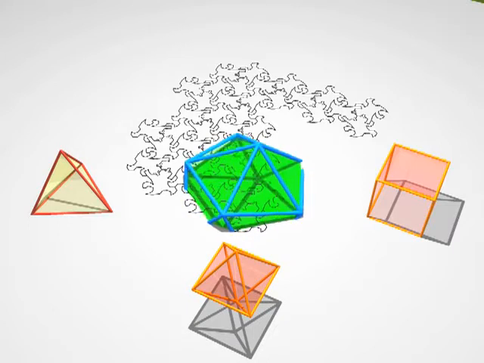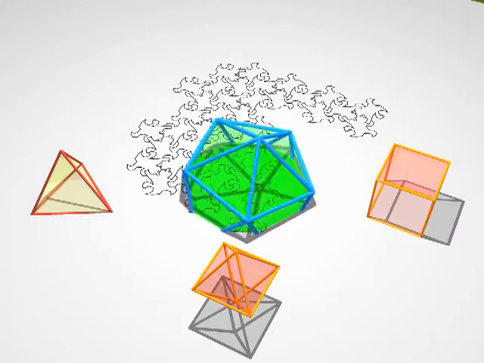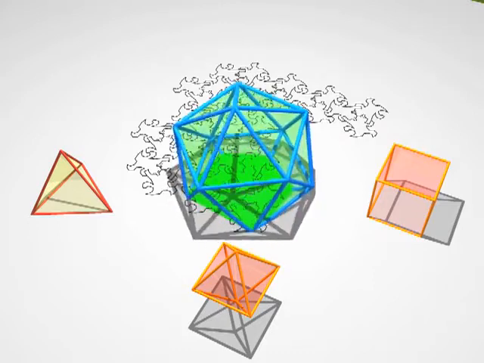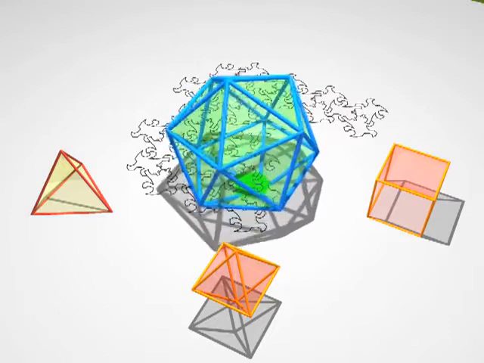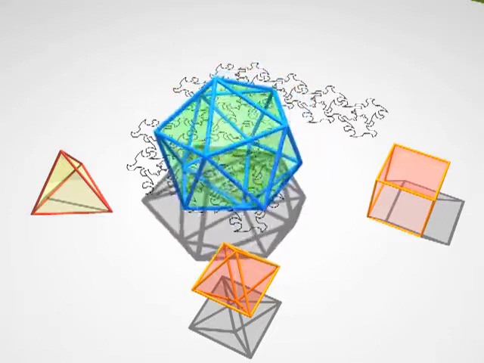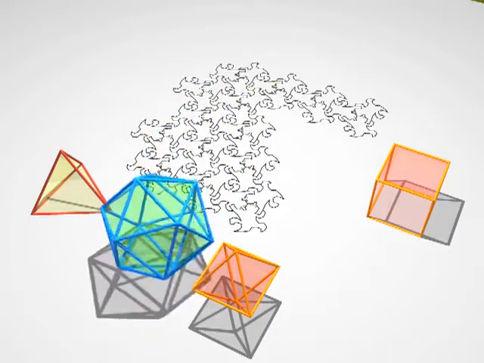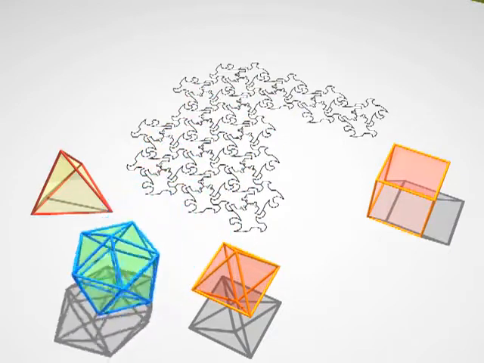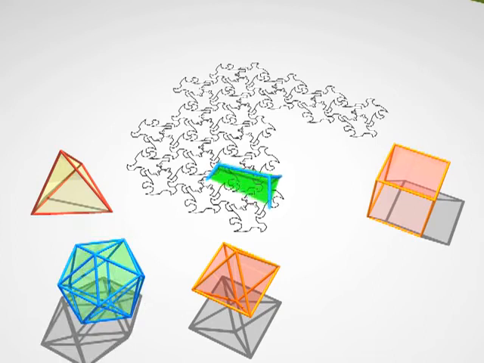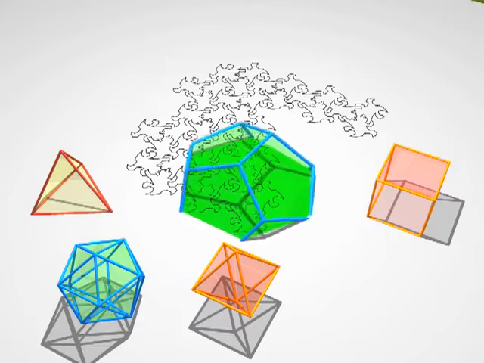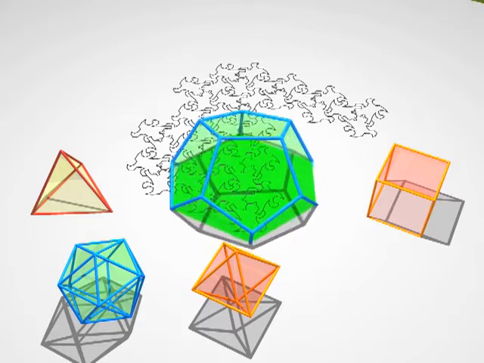It's a solid with 20 faces. And finally, the dodecahedron, 12 faces, 20 vertices and 30 edges.